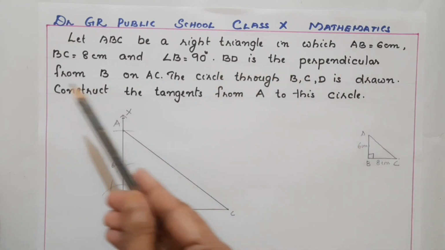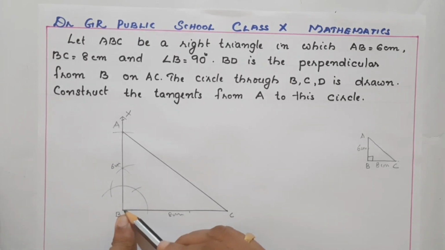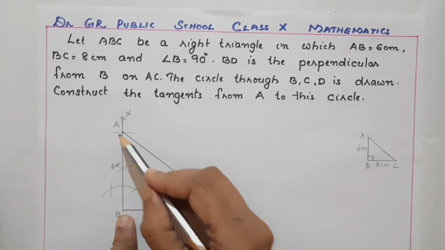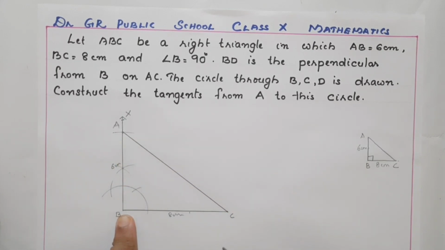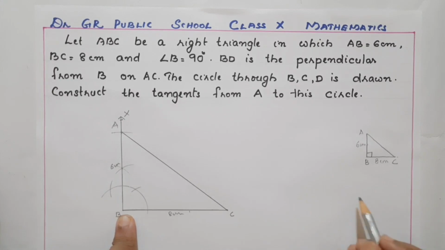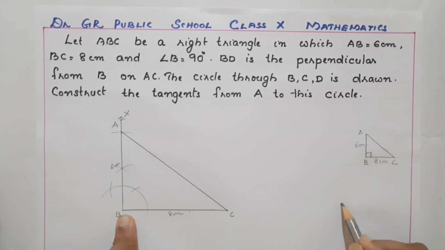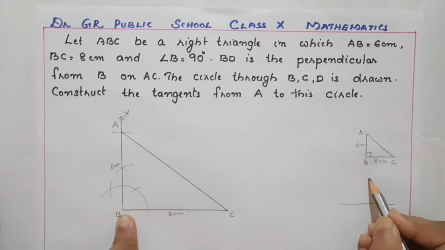BD is the perpendicular from B on AC. So from B, we have to draw a perpendicular BD to the side AC. You have studied in lower classes how to draw a perpendicular to a line from an exterior point.